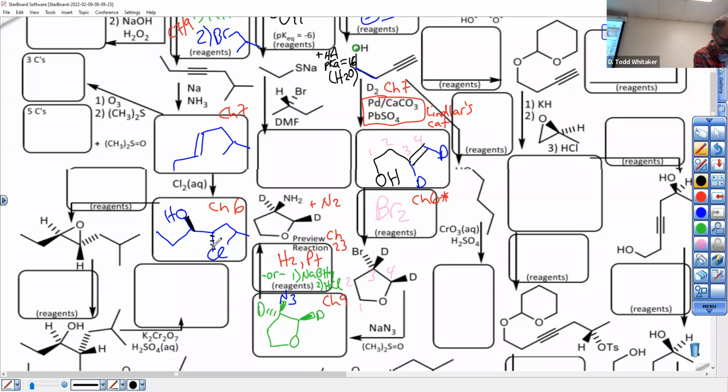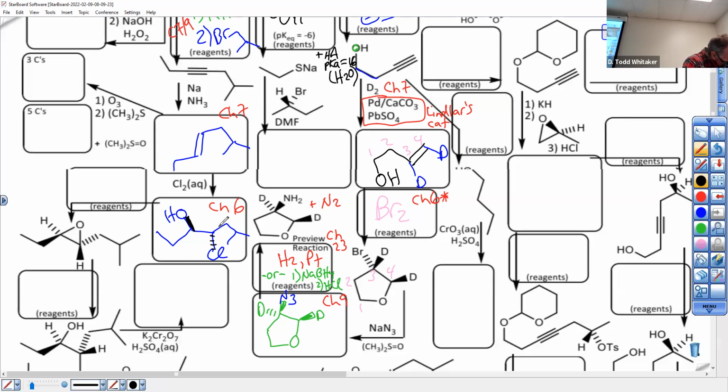That's a vicinal halohydrin. Because the substitution's the same, you could have switched the OH and the Cl. There's not one carbon that's more substituted than the other. I don't know how to add that, so I'm just going to verbally say you could have the OH down here and the Cl up here, and you'd get full credit.